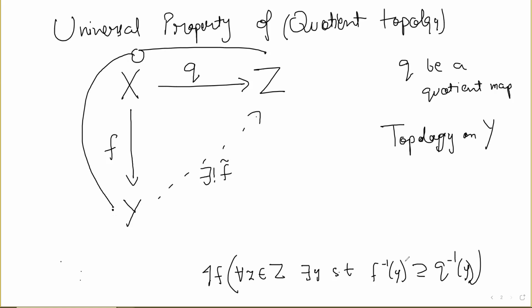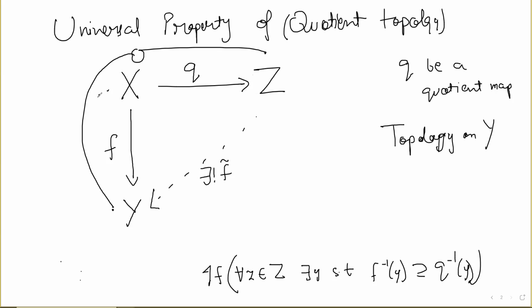Yes, there has to be an inclusion. So let me see. So you have this map Q. Okay, so it's because this direction was wrong, right? There should be a map from the quotient topology. And now, why is there an inclusion? Because you want to factor f, right?